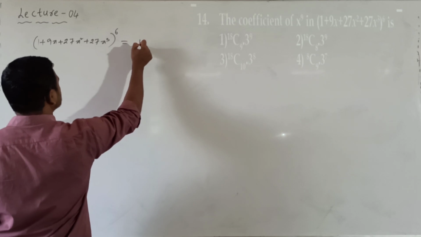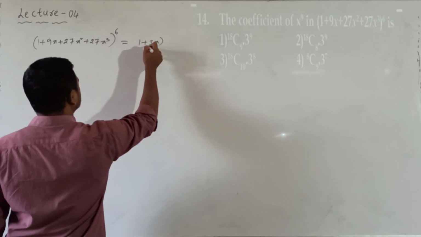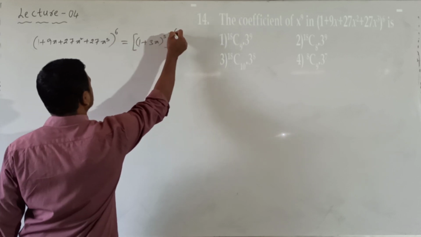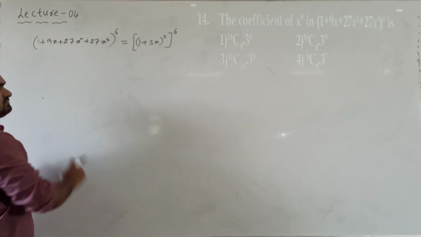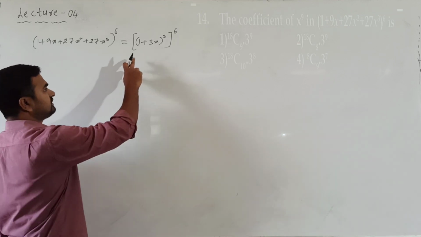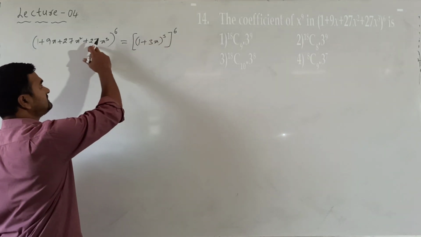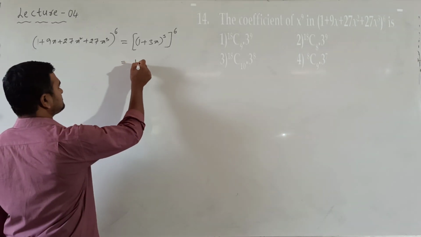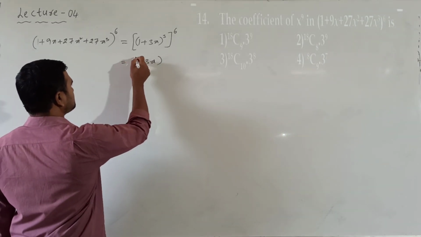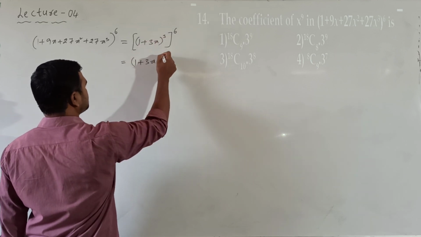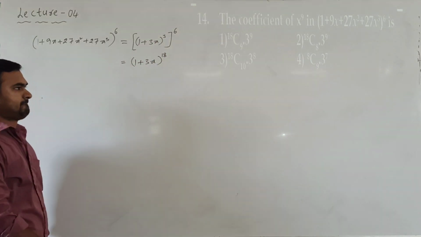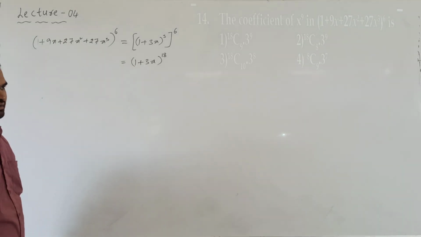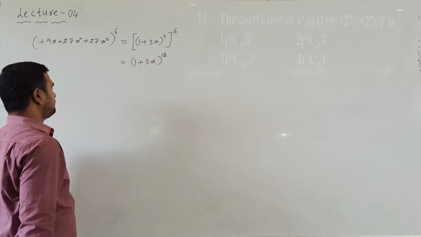Can we write it as ((1+3x)^3)^6? Because the inside terms are nothing but the expansion of (1+3x)^3. If I expand this, we will get this, right? So the total expansion is (1+3x)^(3×6), which is power 18. So totally it is converted to the binomial (1+x)^n form.